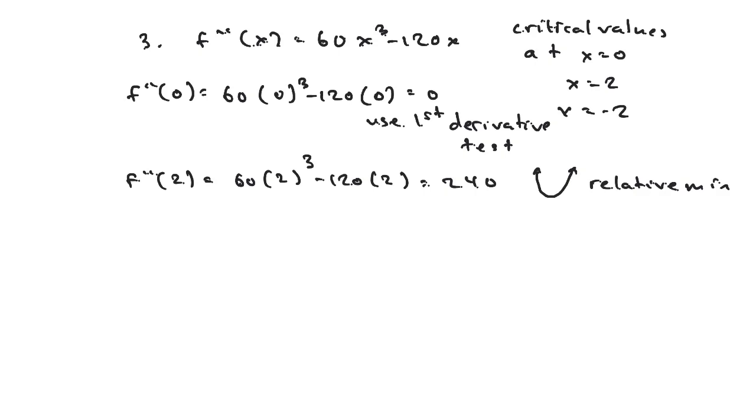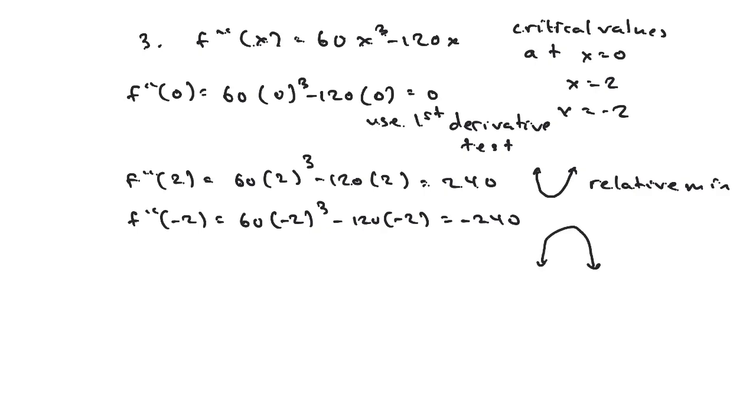Then f double prime of minus 2, our other critical value, ends up giving me minus 240. This is concave down because the second derivative is negative, so I have a relative max at x equals minus 2.